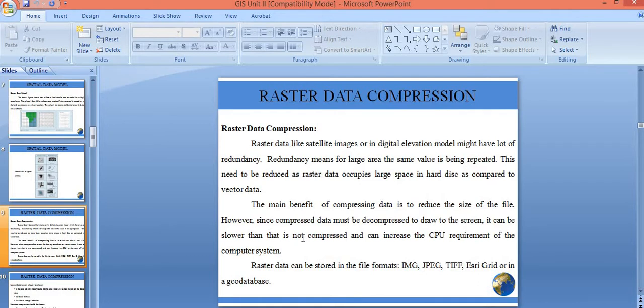Even if you store only one piece of information, it has to be stored by using a set of grids. So obviously it is going to take some memory. That's why the memory consumption of your raster data model is very high. So if you want to go with the raster data model, then we have to compress the raster data.